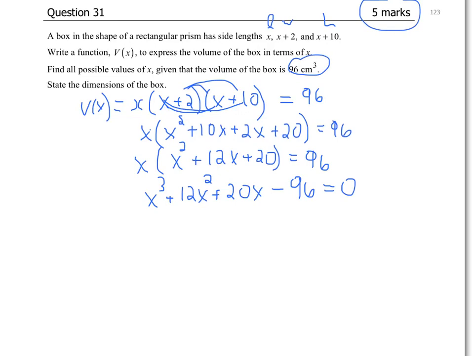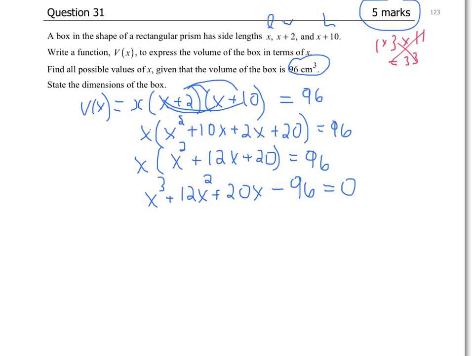When we're talking about lengths, 0 as a length doesn't make sense. So if we were to try 1, that's 1 for the length times 1 plus 2 is 3 times 1 plus 10 is 11. So this is only 33.